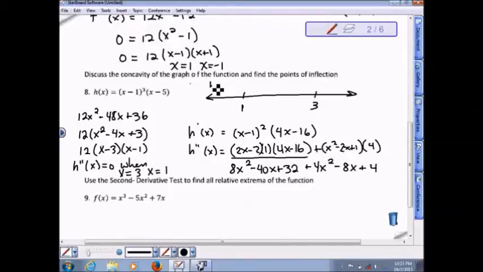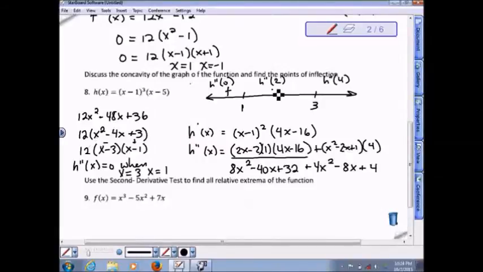In the second derivative, we need to do h double prime of 0. We can do h double prime of 2 and h double prime of 4. So when we plug in a 0 to the second derivative of h, 0 minus 3 is negative, 0 minus 1 is negative, negative times a negative times 12 is positive. 2 minus 3 is negative, but 2 minus 1 is positive.